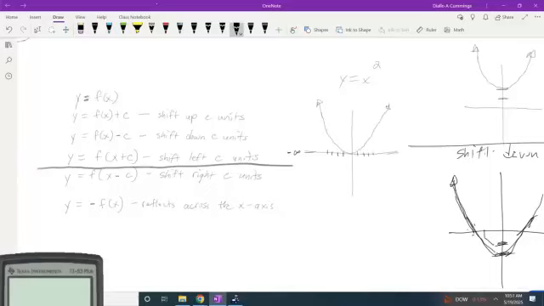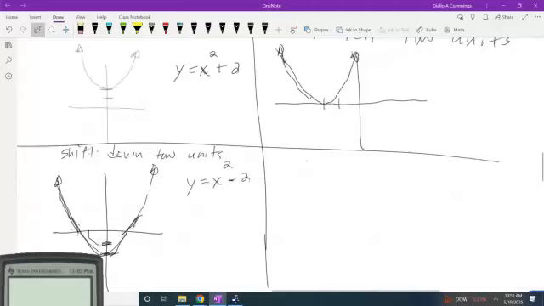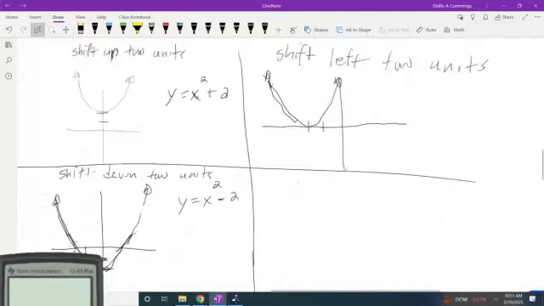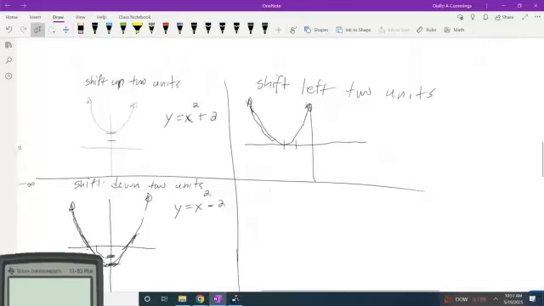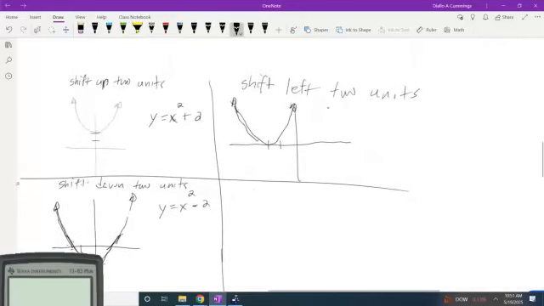And if I move to the right, that's a positive direction, right? But when I write out my function, even though this graph shifts to the left, so like right here, we're shifting over 2, the value for c should be positive. So y is equal to (x plus 2) quantity squared.